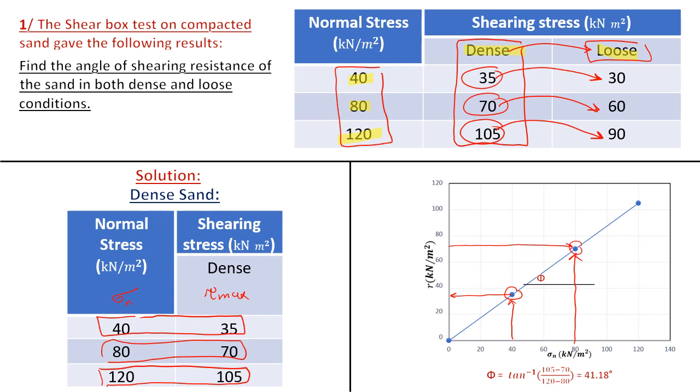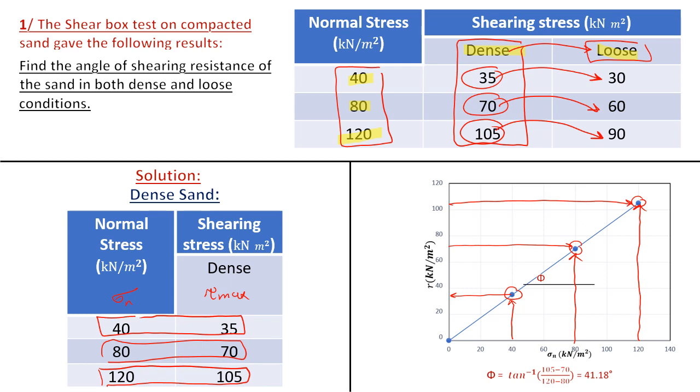And the third point to be plotted on your graph is 120 and 105, and this is your third point. So just draw a straight line or the best fitting line using an Excel sheet or by your hand. It will be a straight line.